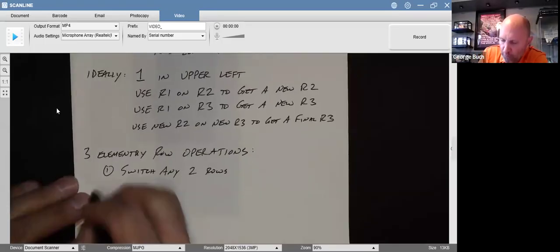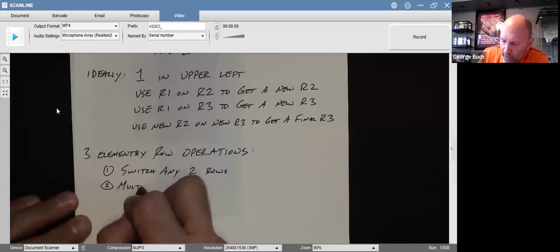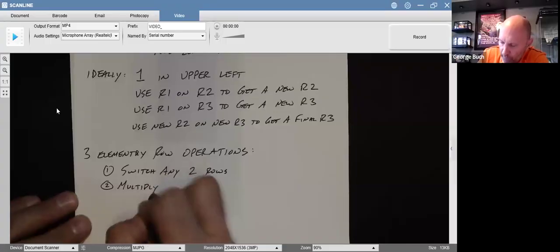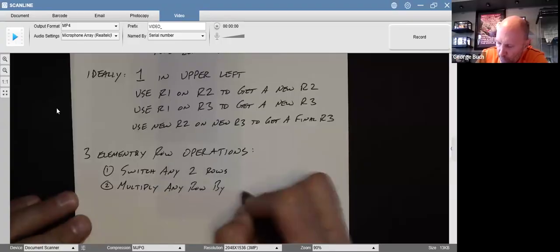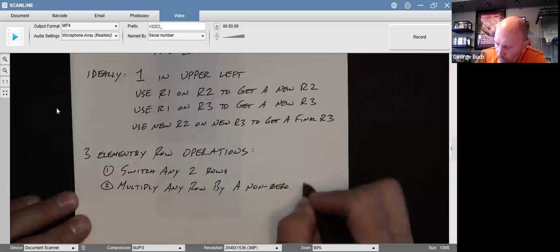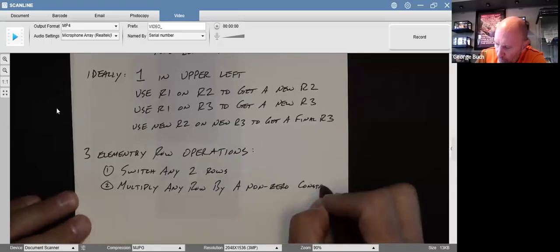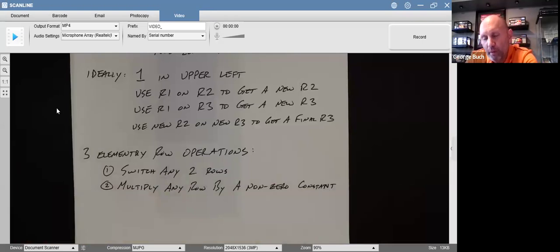The second thing I can do is I can multiply any row by a non-zero constant. So let's say that the top row was, I'll make it easy for us, 2, 4, 6, 8.